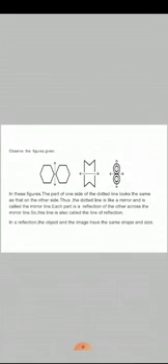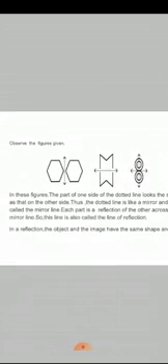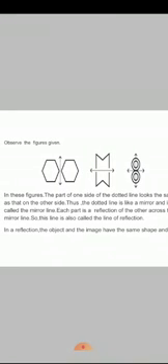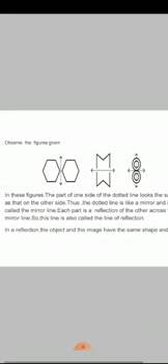Now observe the following figures given here. What are the figures given here? One geometrical shape, the letter M and the number 8. Now see here, for the geometrical shape, a vertical line is given. If you see the reflection of both the images, are both images looking the same? Yes. Why?